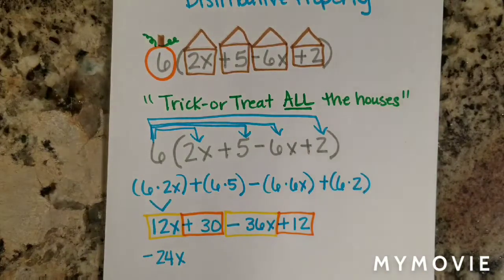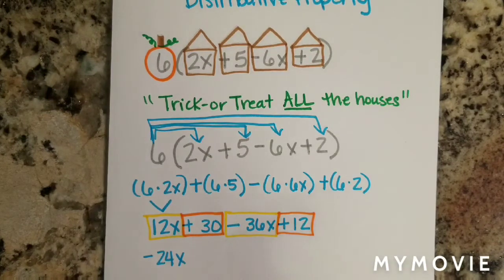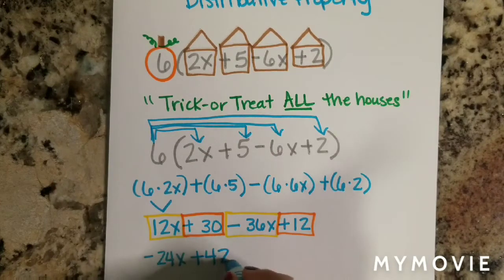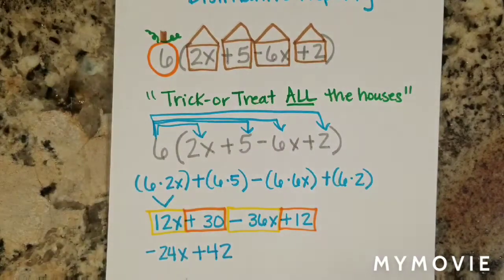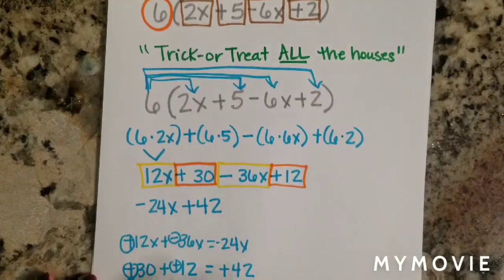Okay, now I see that I also have these numbers that are like positive 30 and positive 12. So if I have positive 30 plus positive 12, my signs are the same, so that means I'm going to add, and I'm going to get positive 42. So I just put that up here. So now I have simplified this all the way down.